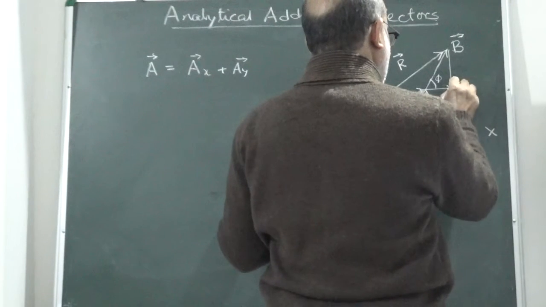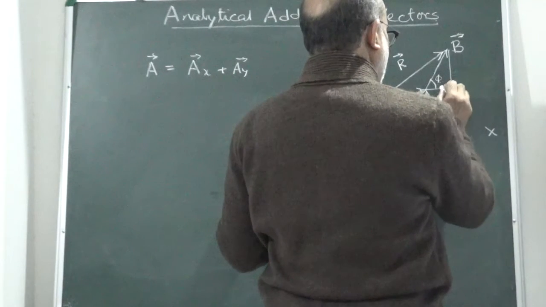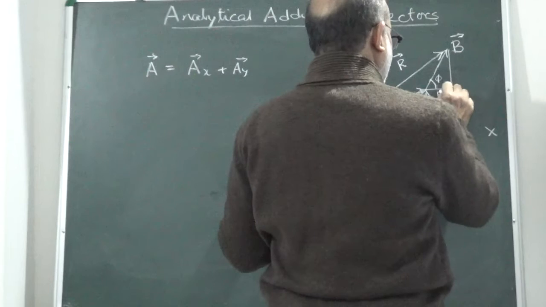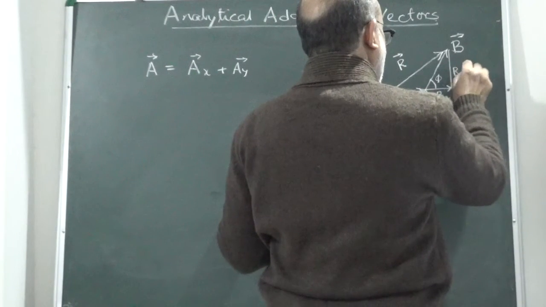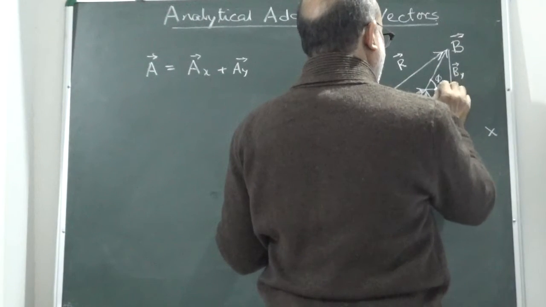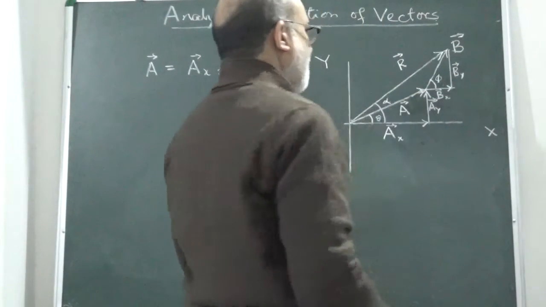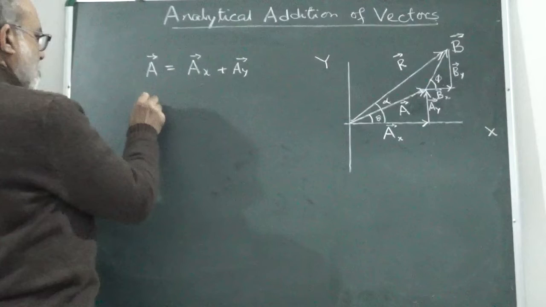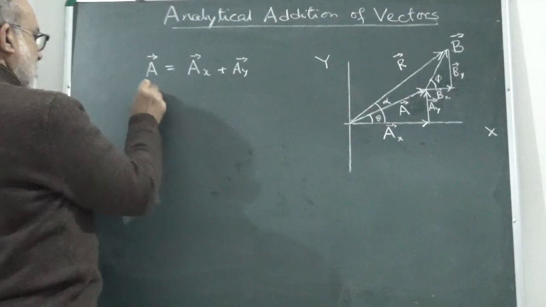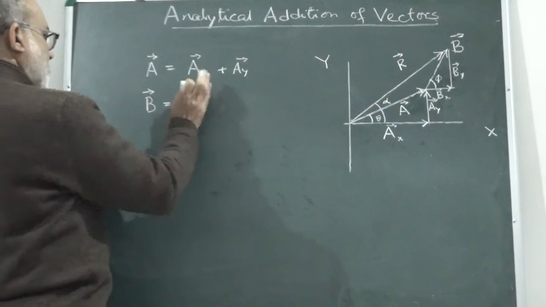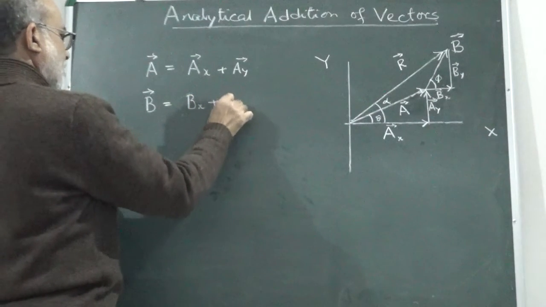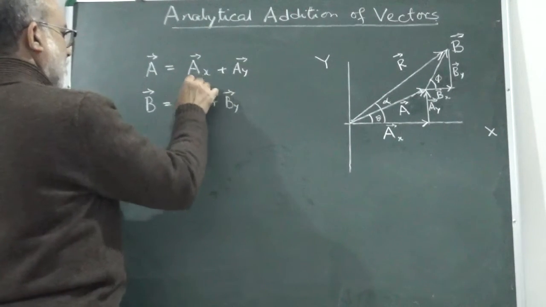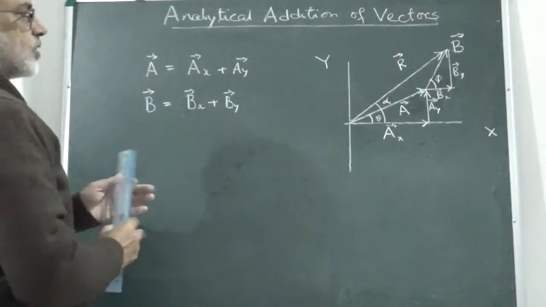This is Bx and this is By. So the vector B is the resultant of Bx plus By, where Bx and By are the rectangular components of the vector B.